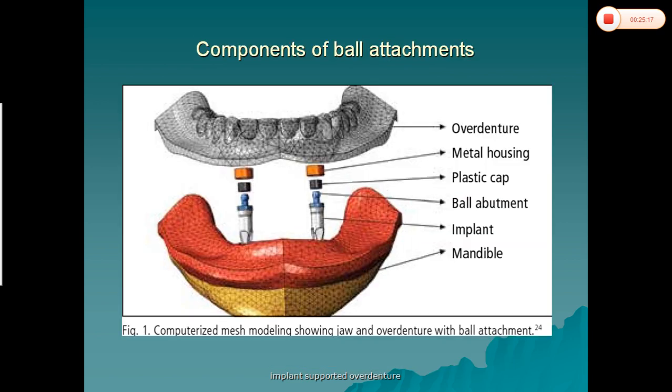See here. You see clearly these implants are positioned in the bone. Onto the implant, the ball type of patrix component, the ball abutment, is positioned, whereas the other plastic cap or metal housings are known as matrix. Female components are positioned within the intaglio surface of the dentures.